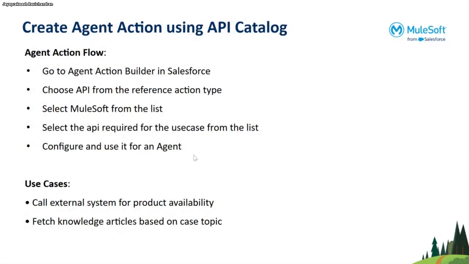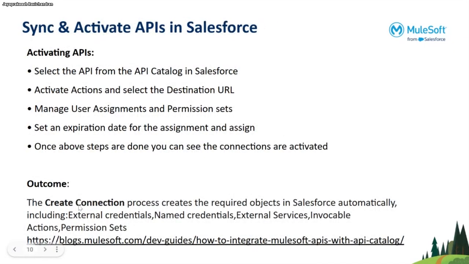Okay, so what will be the outcome? The create connection process creates the required objects in Salesforce automatically, including external credentials, named credentials, external services, invocable actions, and permission sets. That is the part which will happen as part of activating the APIs.